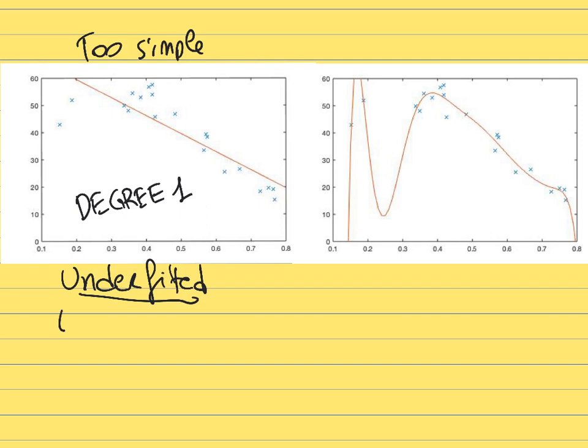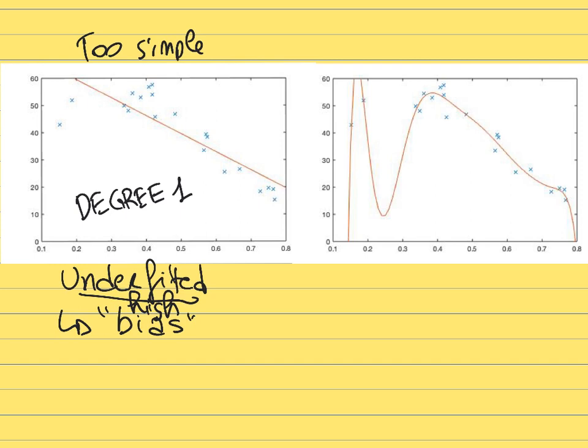So this type of model is sometimes called a high bias model. Why? Because those models think that reality is very simple. This model thinks that there is just a direct linear relationship between the strength of concrete and the water to cement ratio.